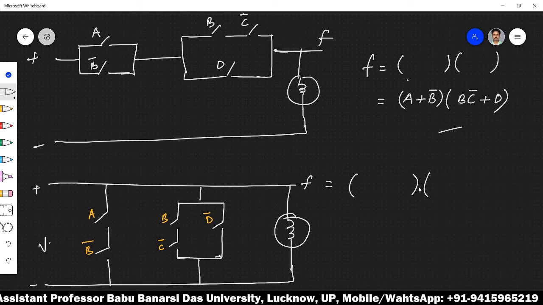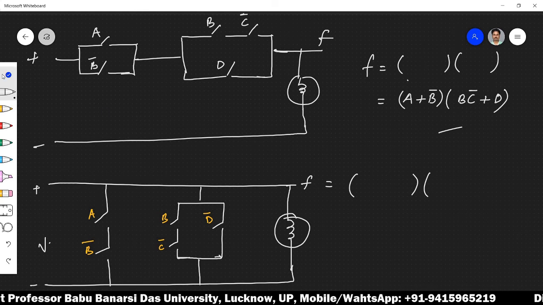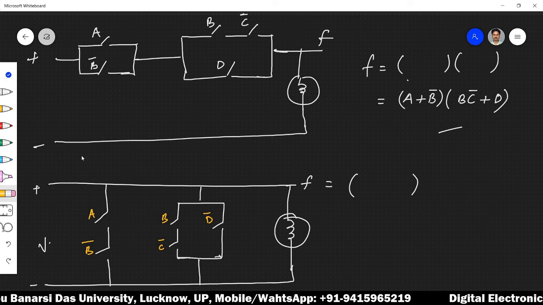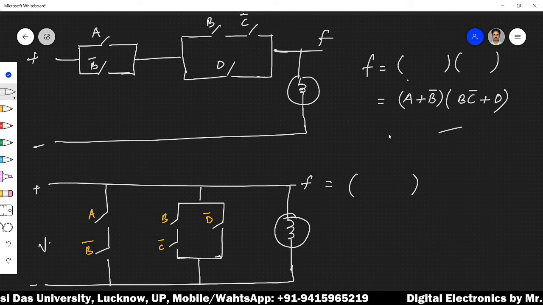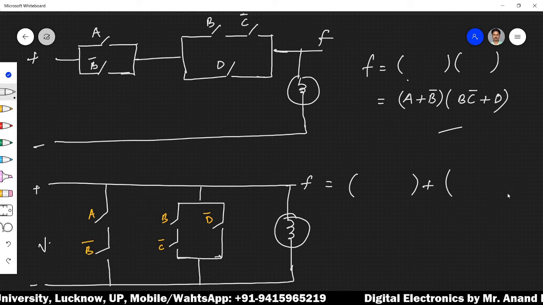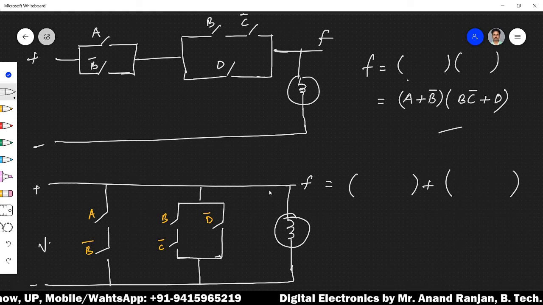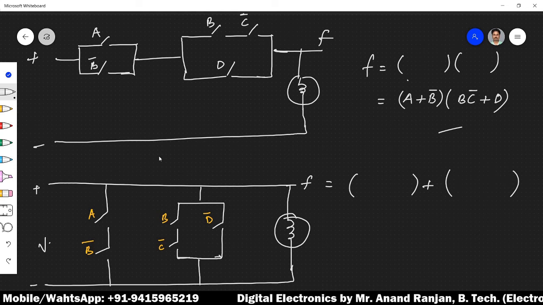So this will be your OR term, two OR terms representing the two shunt branches' logic for the conduction of this flow.